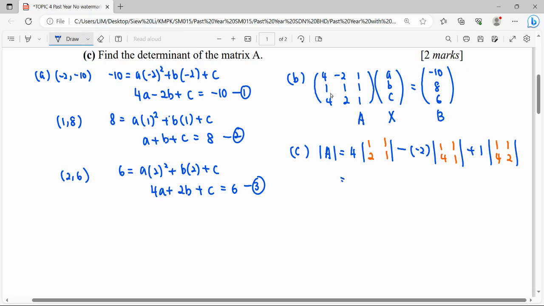Then we can start calculating the minors, which is AD minus BC: 1 minus 2, and 1 minus 4, then 2 minus 4. So in total, -12.